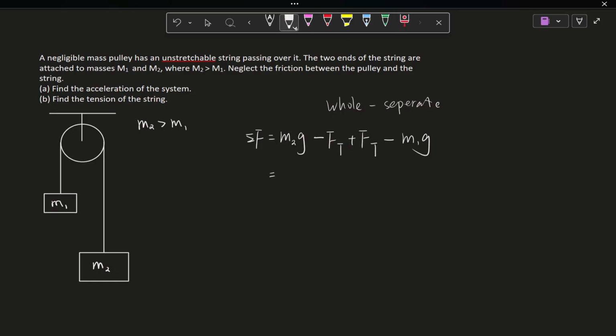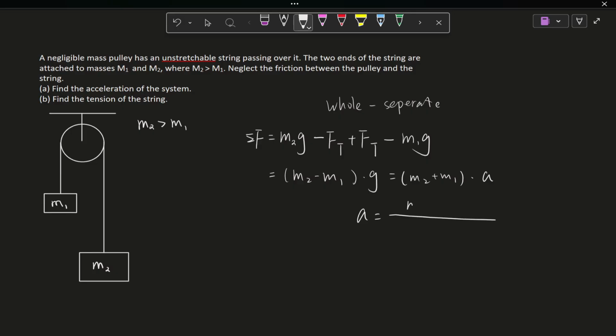And then we can simplify it to M2 minus M1 times G, my bad. And it is equal to the total mass, which is M1 plus M2, right? Or I should write M2 plus M1 times the acceleration, which we can get A is equal to M2 minus M1 over M2 plus M1 times G.